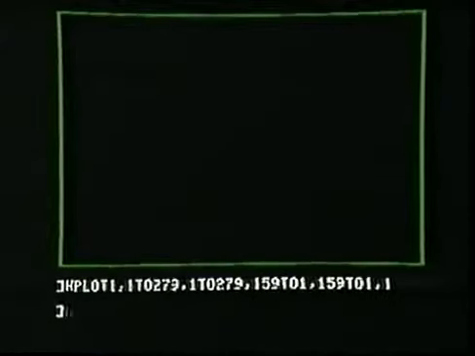Then return. Oh, look at that. And this is only 1 pixel thick. Let me see now. It's 1 at 1 to 279 at 1 to 279 at 159 to 1 at 159 to 1 at 1. But drawing a picture pixel by pixel must get pretty laborious.